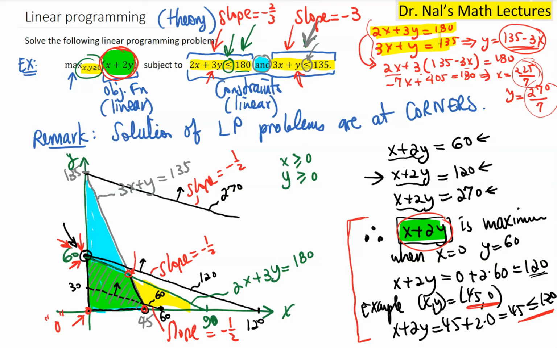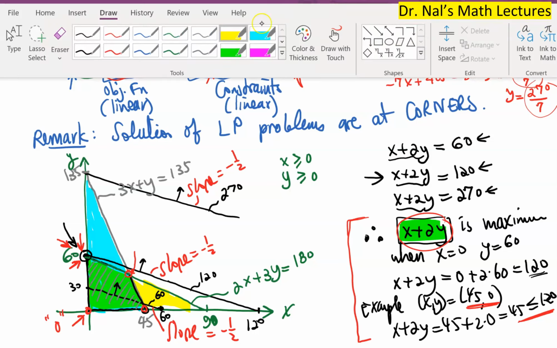Let me double check that. 225 times 2 is 450. 450 plus 810 equals 1260. And when I divide it further by 7, that better give me 180, which it does. Okay, good. So these are the x and y coordinates of that remaining point.